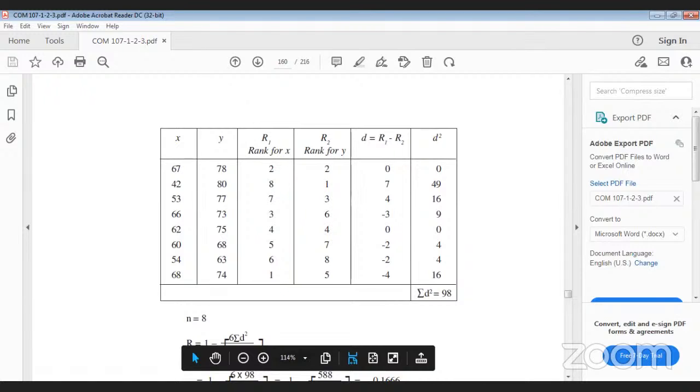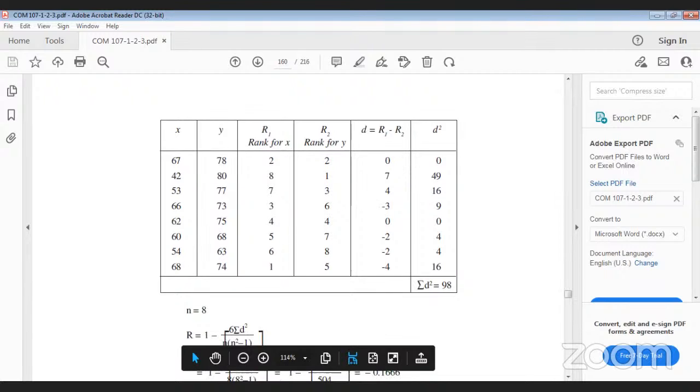Now for the Y here, we are also finding the highest number is 81. Then second highest is 70. Then third highest is 77. It is third rank. Then fourth highest is 75. It has 4. Then next number is 74. It has 8th rank.